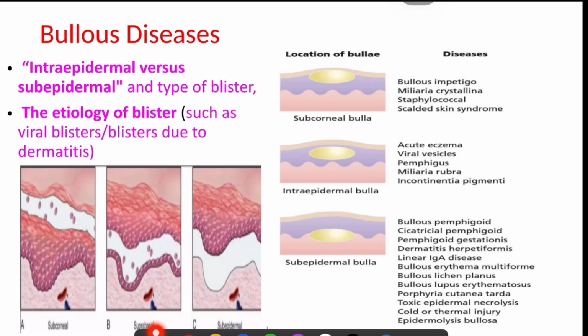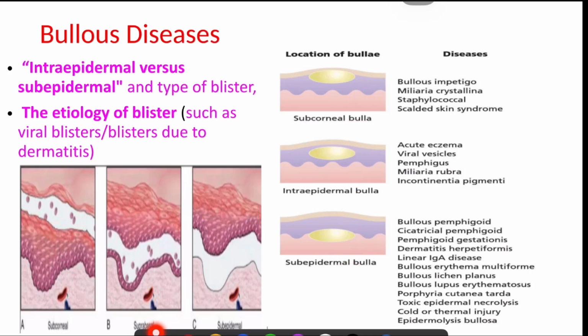Intraepidermal is mostly eczematous, viral vesicle, pemphigus, miliaria rubra, incontinentia pigmenti. Subepidermal bulla is mostly bullous pemphigoid, cicatricial pemphigoid, pemphigoid gestationis, dermatitis herpetiformis, linear IgA disease, erythema multiforme, lupus erythematosus, and bullous lichen planus. So these are the lesions according to the location of the bulla.